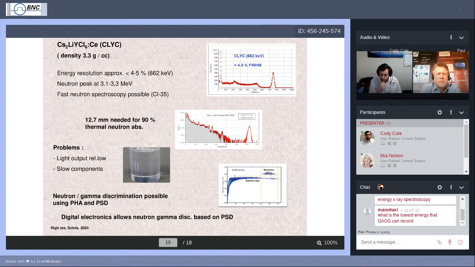No, this is a spectrum from a Californium source, and because you need quite some material to absorb neutrons, about 12.7 millimeter, you also see the emission lines from Californium. So we'll see a gamma spectrum superimposed on the neutron spectrum. The right line is the thermal neutron interaction. Oh, he's referring to the PSD section, that neutron blob.